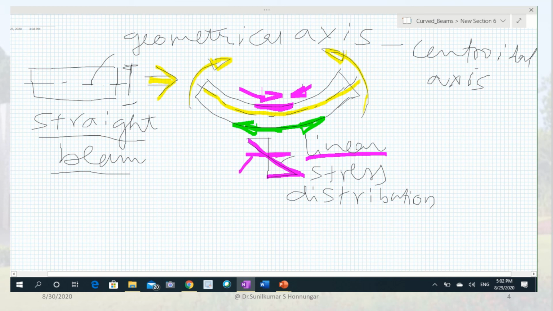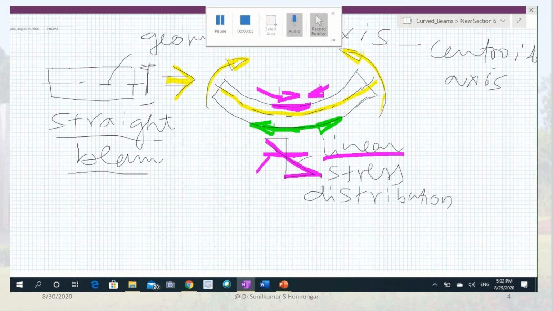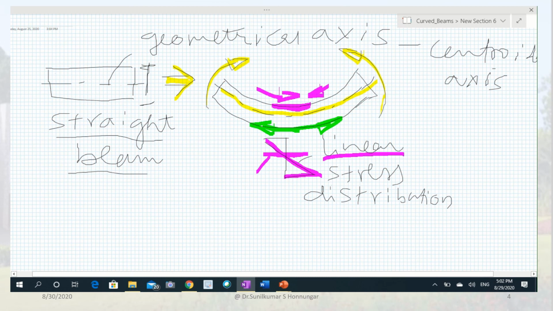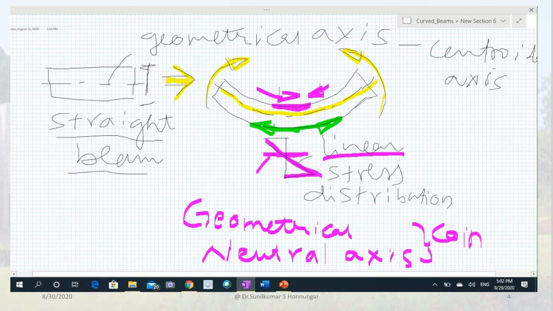So if this is a stress pattern, what we just mentioned, that geometrical axis will be coinciding with something called the neutral axis. So this we have all learnt, neutral axis. Both the geometrical axis and neutral axis coincide.